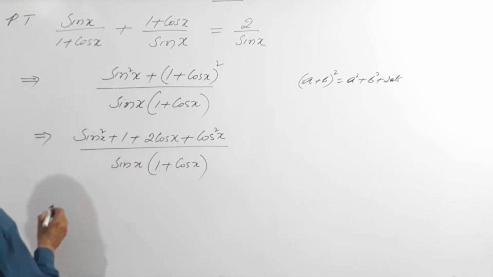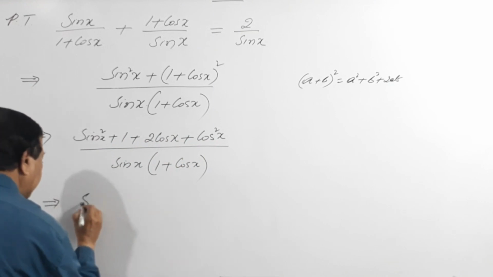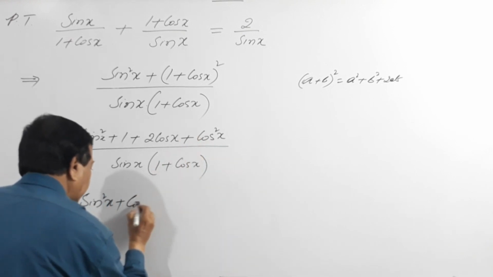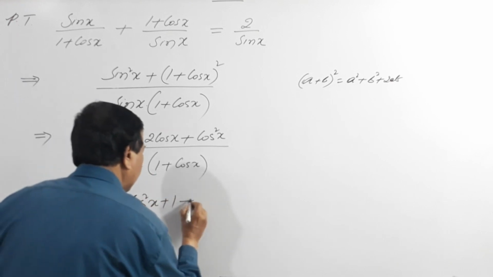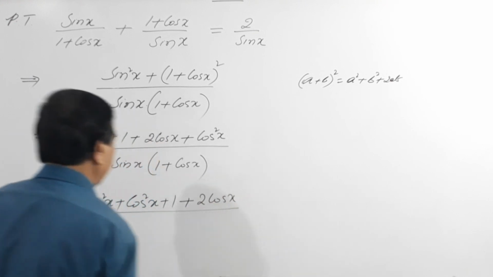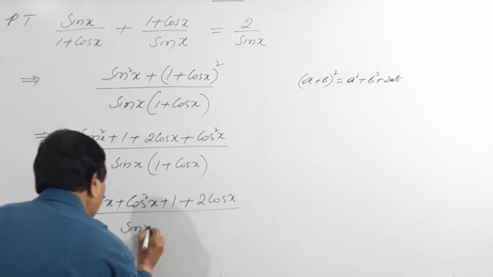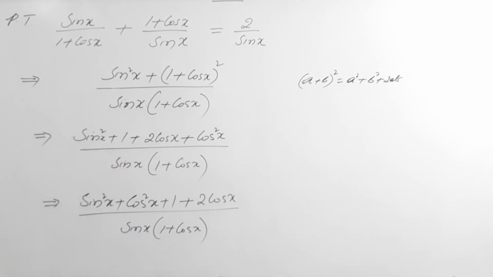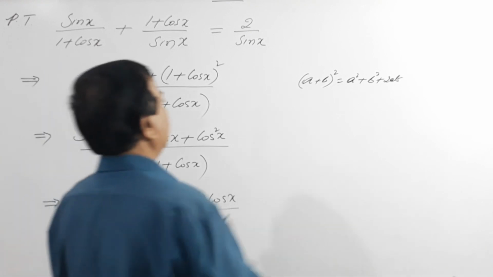So what we'll do? I'll group it by rearranging it. That is sin square x plus cos square x plus 1 plus 2 cos x divided by sin x into 1 plus cos x. So sin square x plus cos square x is nothing but 1.